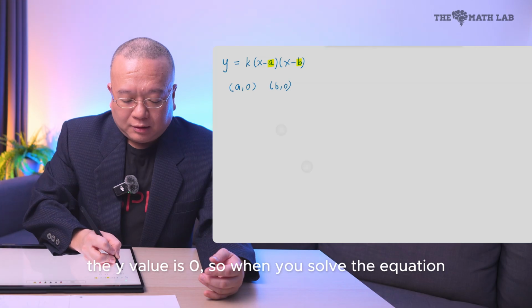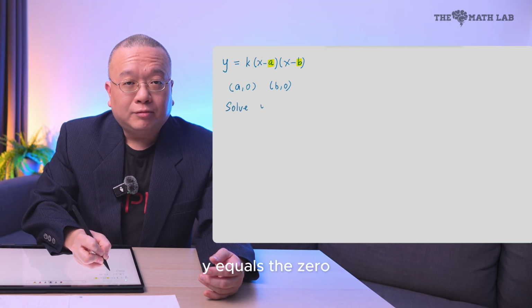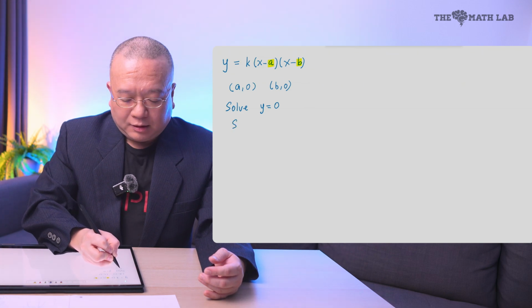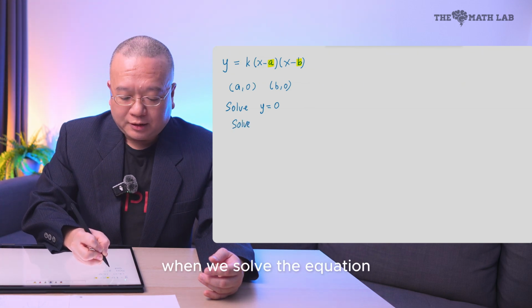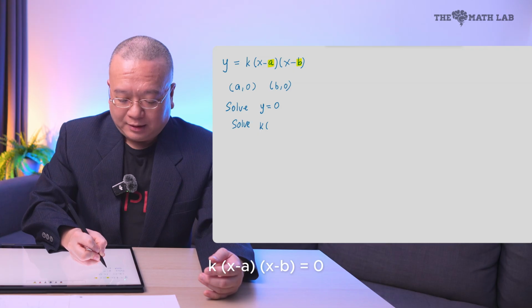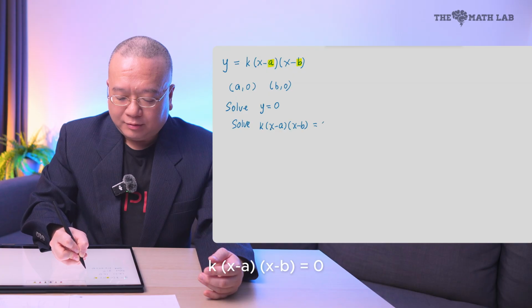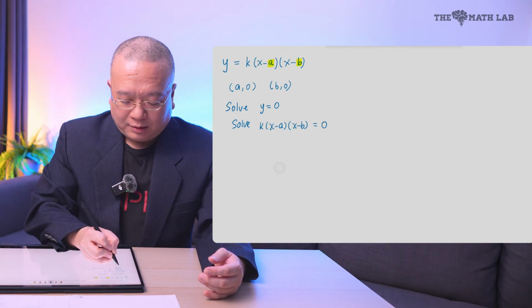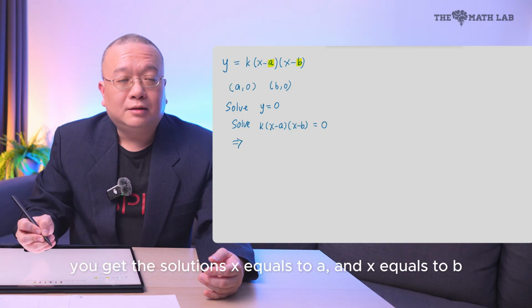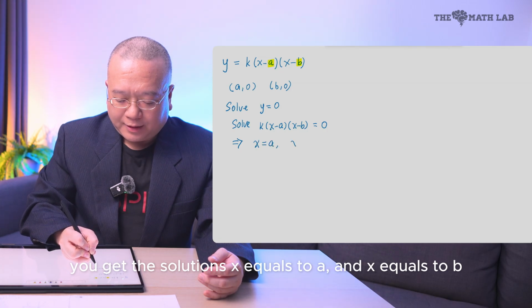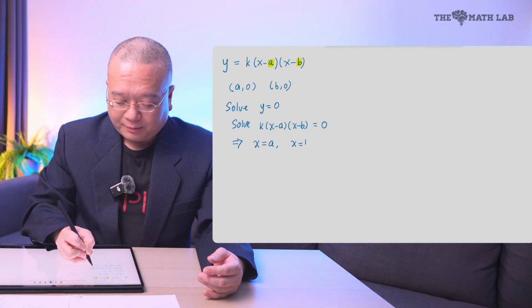So when you solve the equation y equals 0, in other words, when we solve the equation k times (x minus a) times (x minus b) equals 0, you get the solutions x equals a and x equals b.